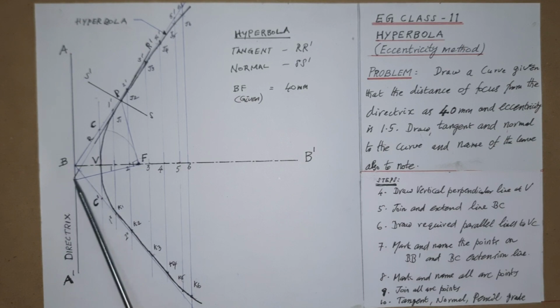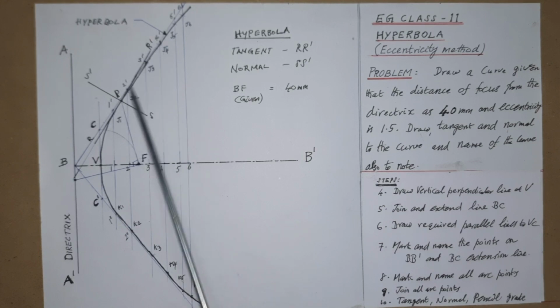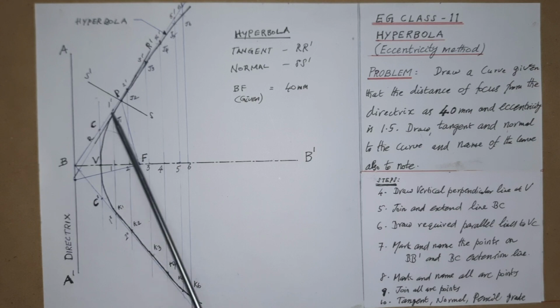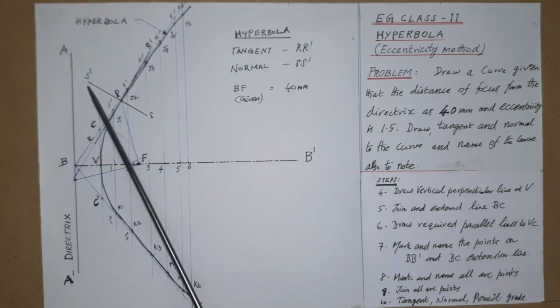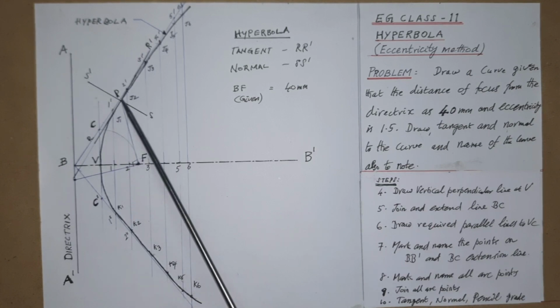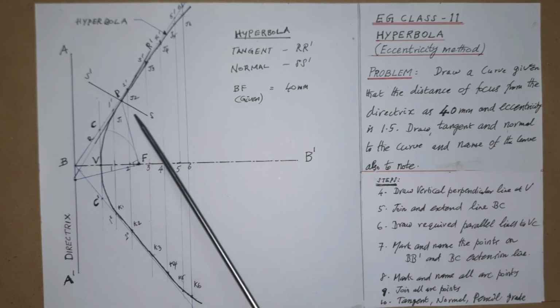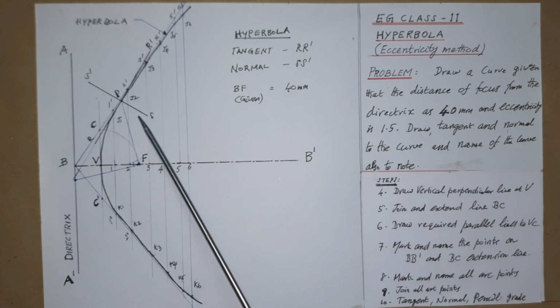Then from that line, join this P and extend, and name it R dash. That will be the required tangent to the hyperbola through the point P. Then draw a perpendicular line at point P to R dash. That will be the normal to the hyperbola as required.